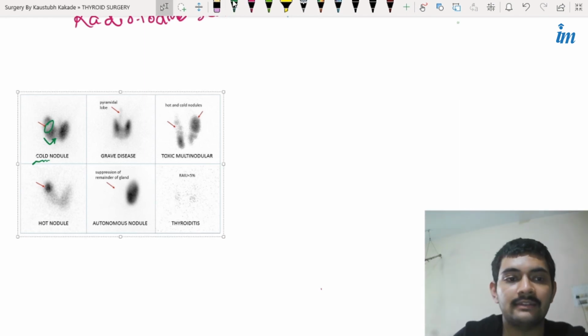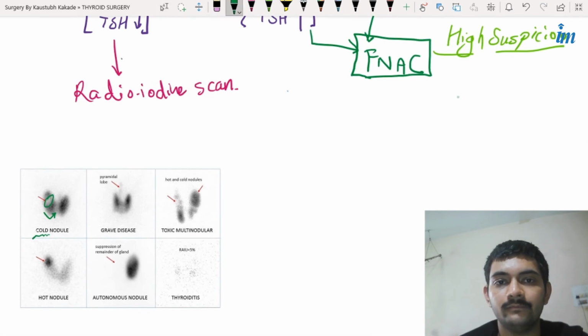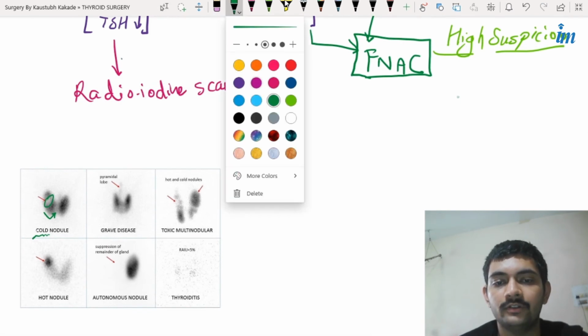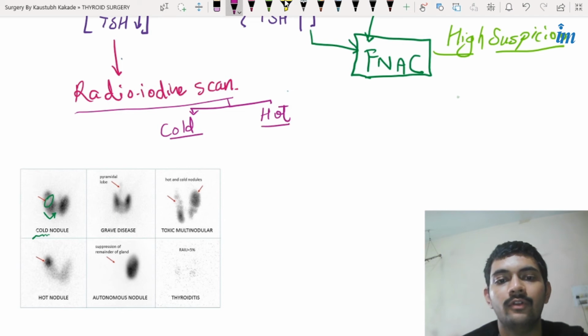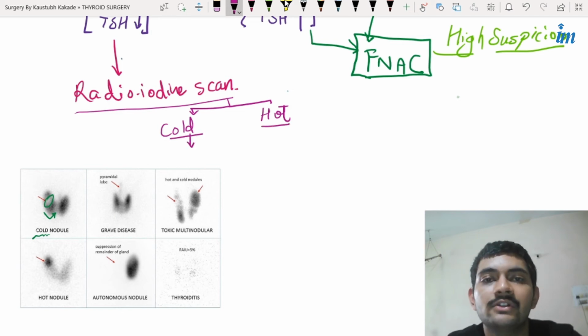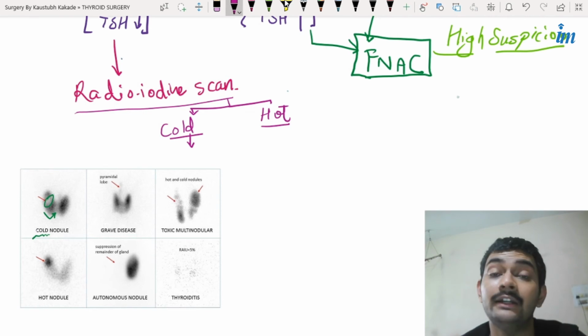So now I can say that on the radioiodine scan, I can have a cold nodule or a hot nodule. Simply. Okay. If I am having a cold nodule, this is going to be a high suspicion, because in spite of having a low activity, why the patient is hyperthyroid, there is some malfunctioning definitely going on.